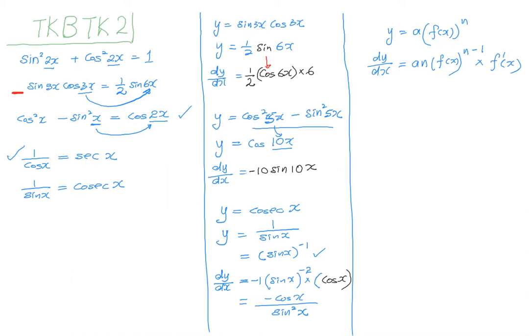Okay, now, if I have sin x divide by cos x, I know this is called tangent x. Okay, if I have cos x divide by sin x, this is called cotangent x.